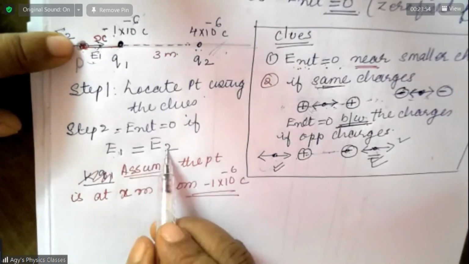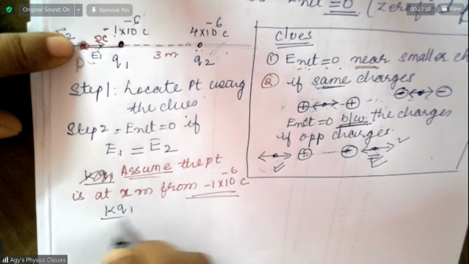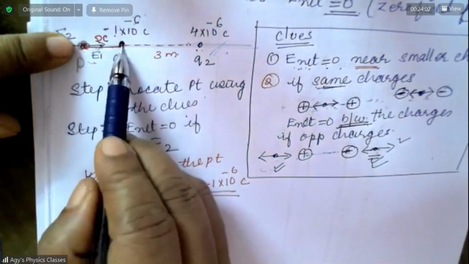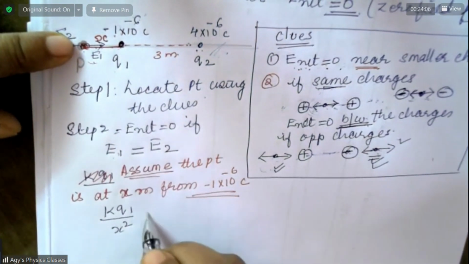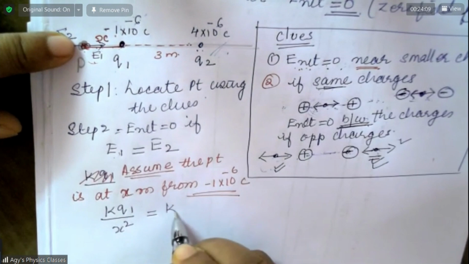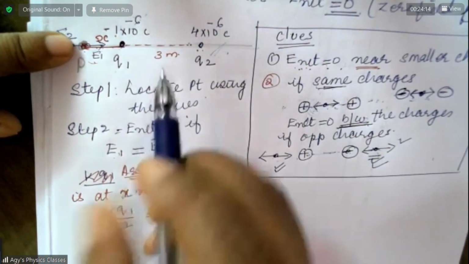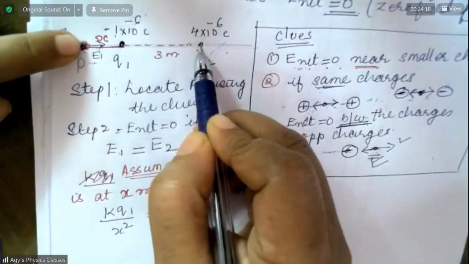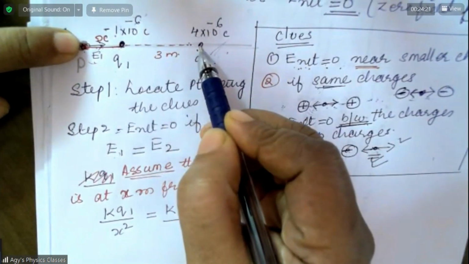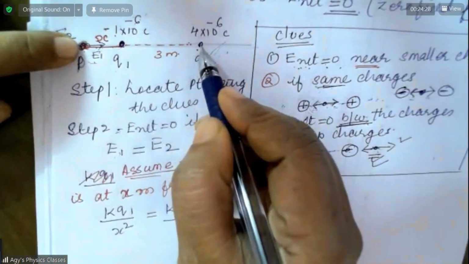So now you apply this. E1 is how much? K into Q1 by, what is the distance between this? X. X square should be equal to K into, what is the second charge? Q2 by, what is the distance between this point and this point? This is the point. What is this distance?